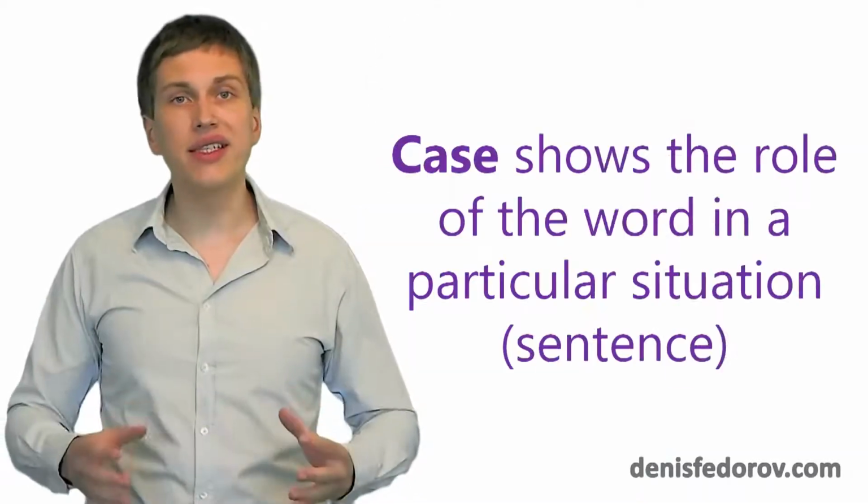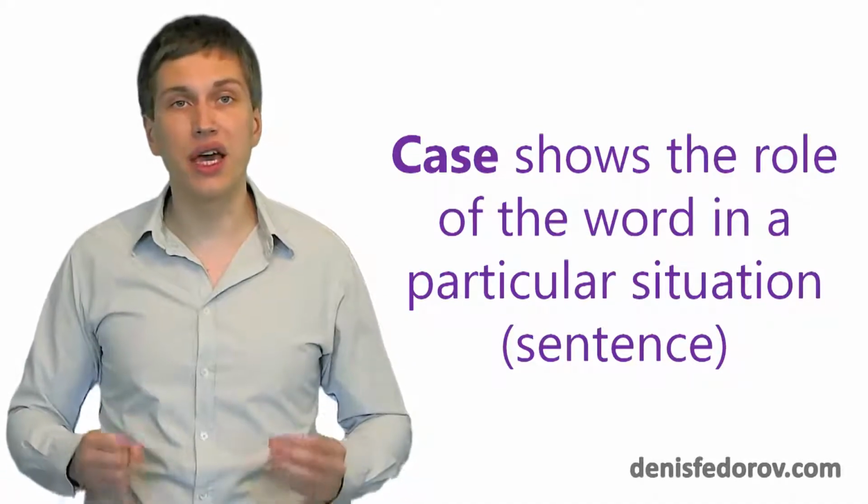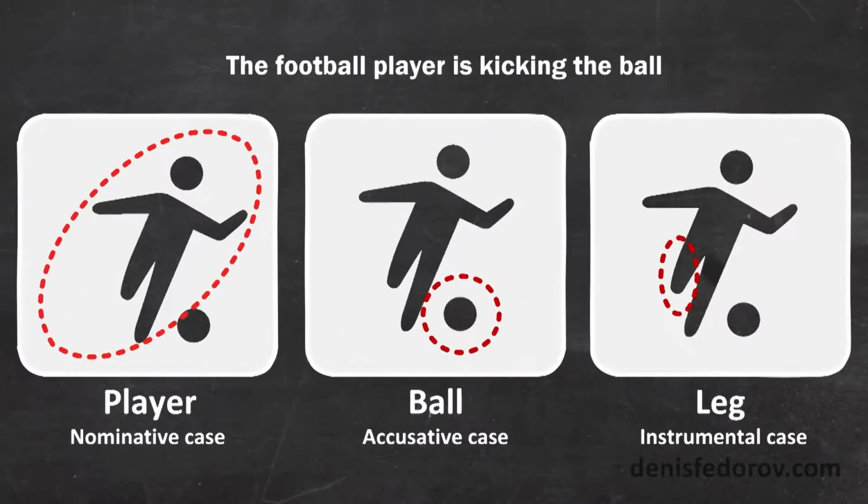Okay, let's start. First of all, what is the case? In general, cases are situations where the word has appeared. Here is the visual example. In this example, the football or the soccer player is kicking a ball. Well, the player himself is playing the leading role here and he is kicking the ball.